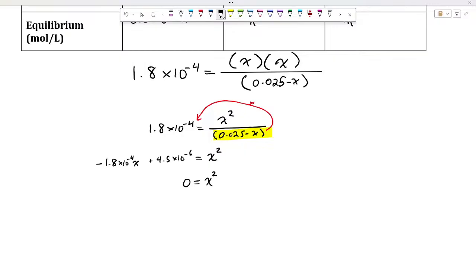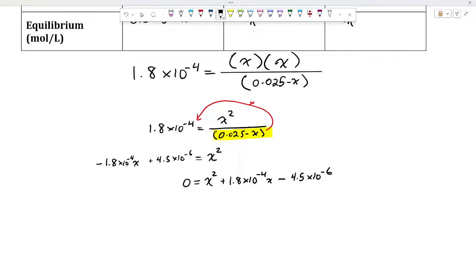What's next? Plus 1.8 times 10 to the negative 4 x, and minus, thank you, sorry. Excellent. All right. And now we're ready to do what?